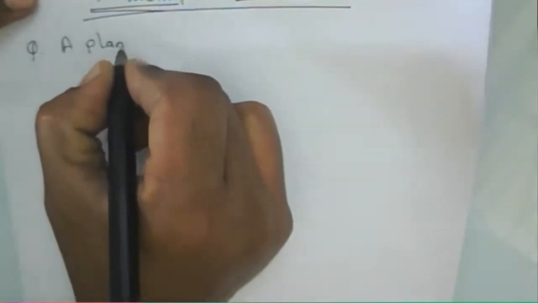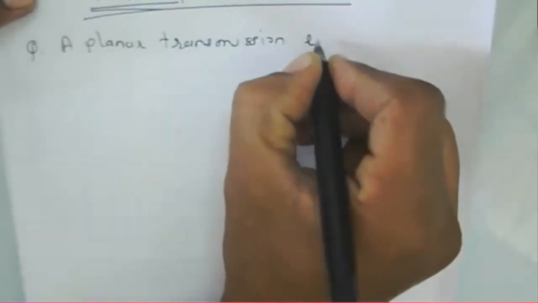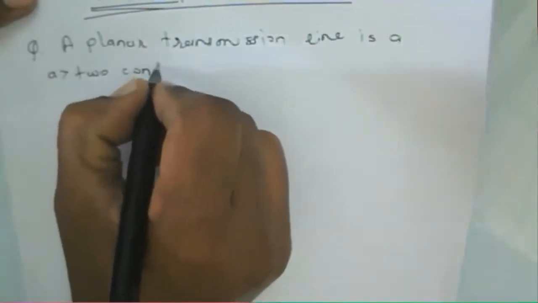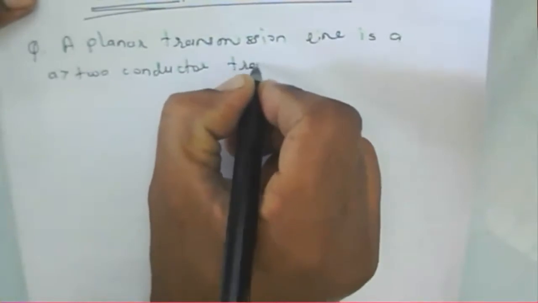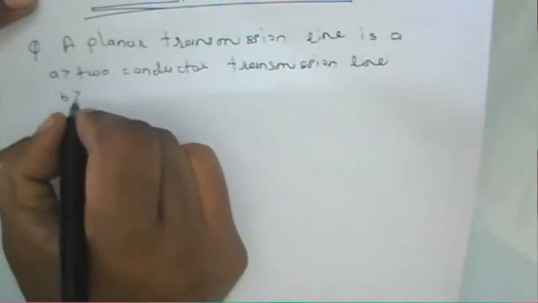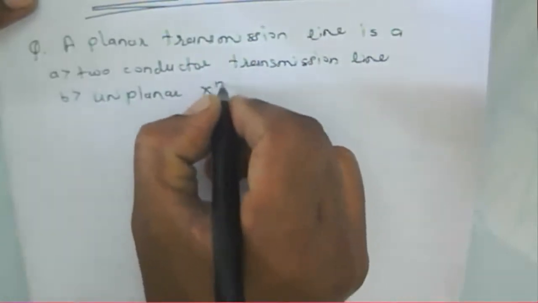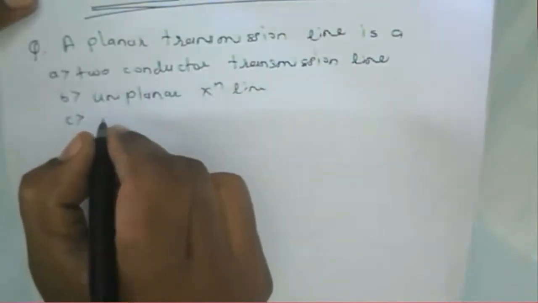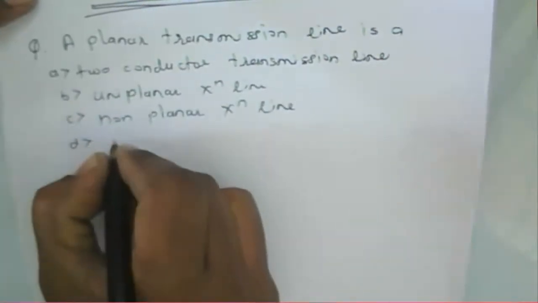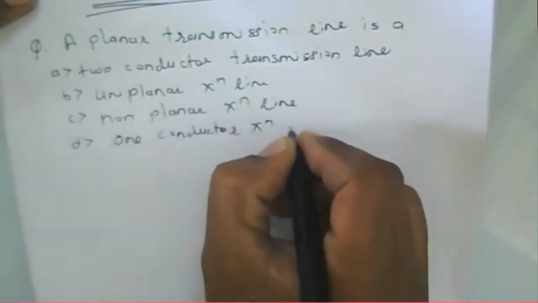A planar transmission line is a: A, two conductor transmission line; B, uniplanar transmission line; C, non-planar transmission line; and D, one conductor transmission line.